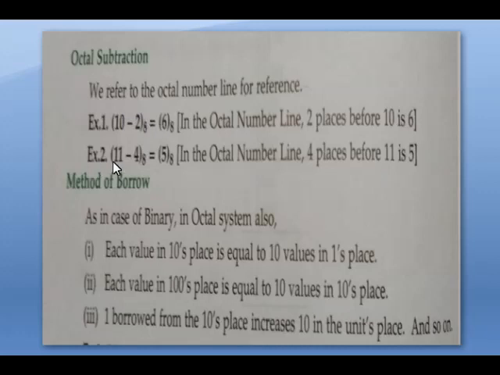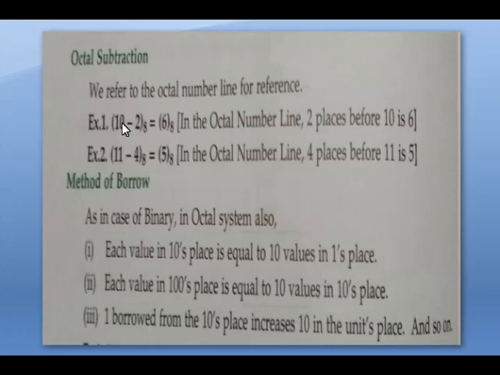Here 11 minus 4. So 1 minus 4 we cannot do the subtraction. So we are borrowing 1 from here. It will become 8 plus 1, which is 9. So 9 minus 4 is 5. Okay students, this is how we have to do the octal subtraction.